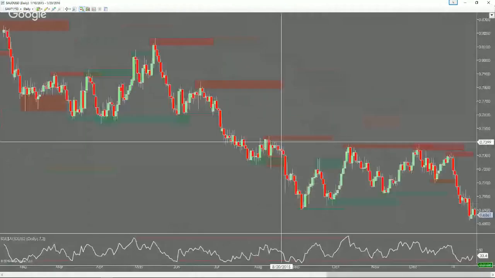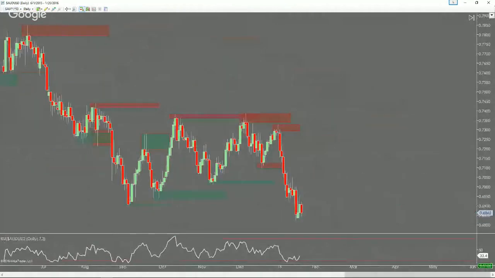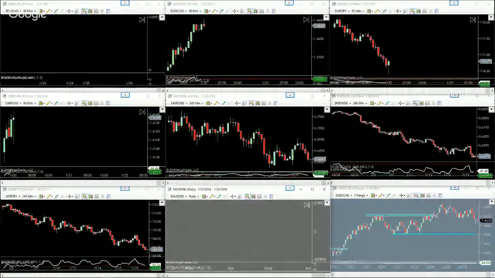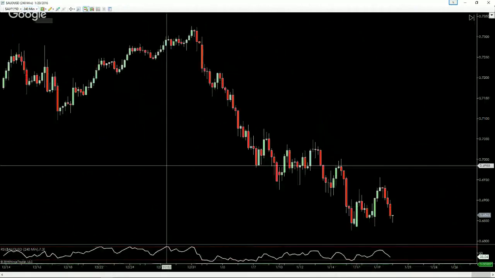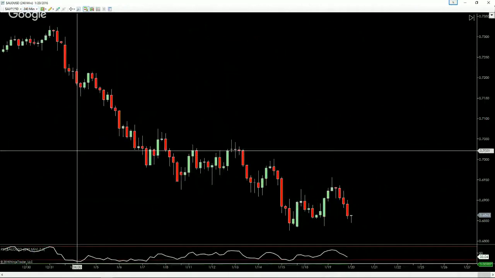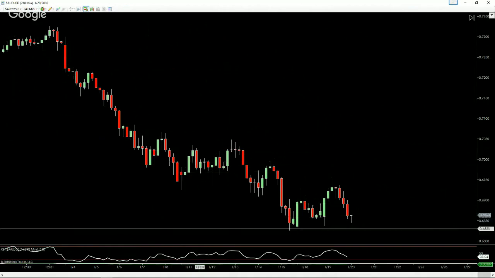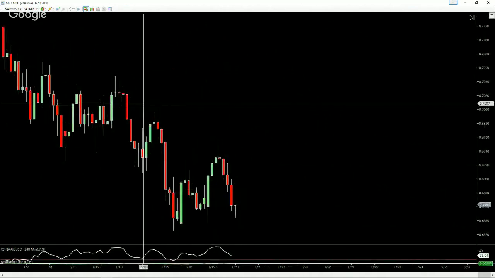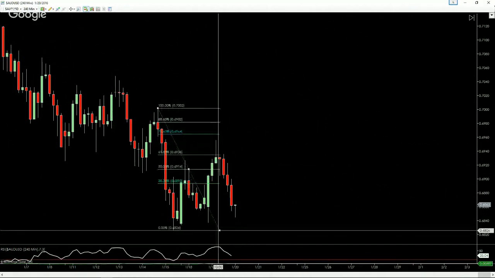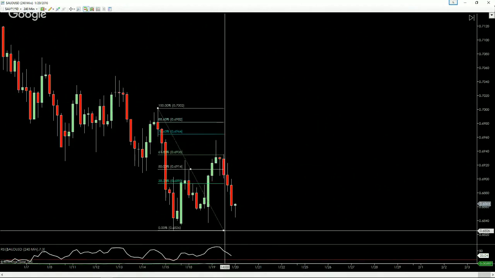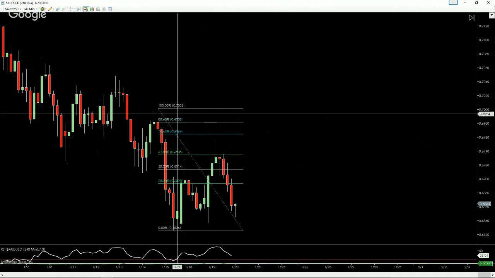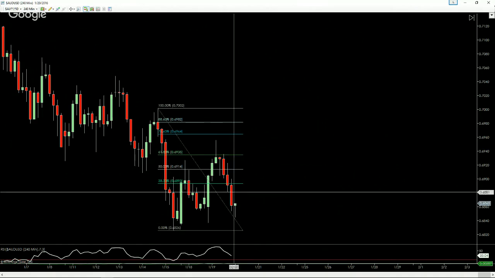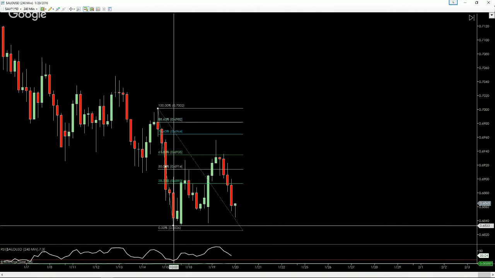Aussie dollar. Let's go to the 240. On the 240 we could have an advanced pattern forming here.